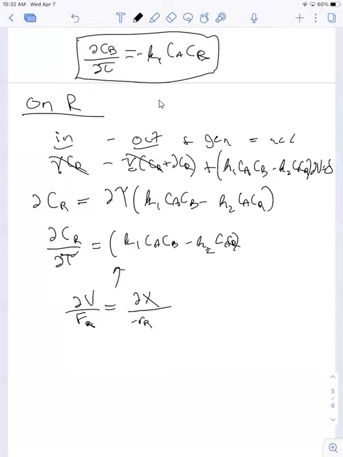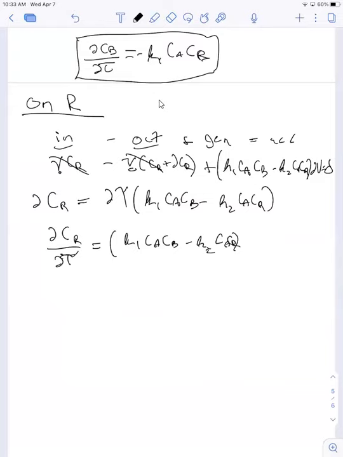I think this is why I started this way, so you don't have to do the substitution and can just work in concentrations from the beginning. That would be CR minus CR naught over CR, I think. But it's fine either way. All right, so I'll just erase that.